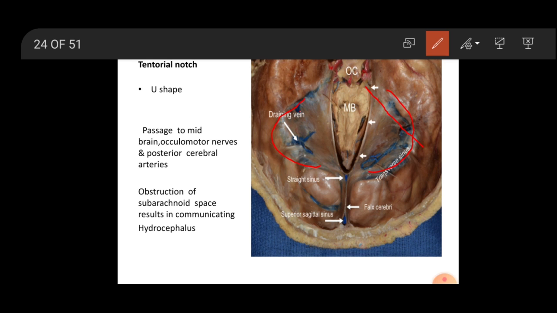Here the transverse sinus is lodged, and you have the straight sinus, where the junction of the falx cerebri and the tentorium cerebelli is. So the superior petrosal sinus here, the transverse sinus here, and the straight sinus here. These are the three dural venous sinuses that are related to the tentorium cerebelli.